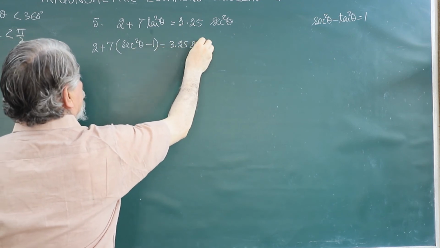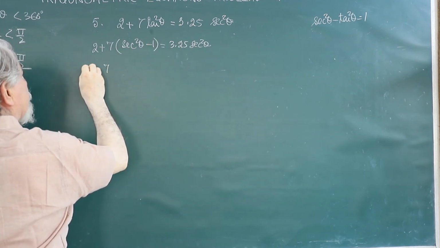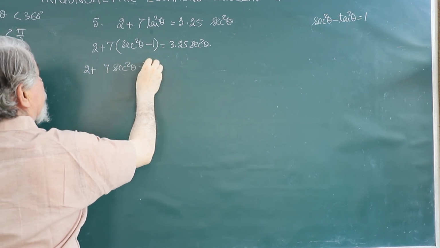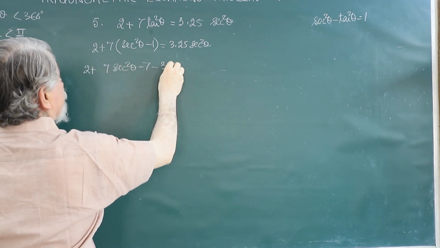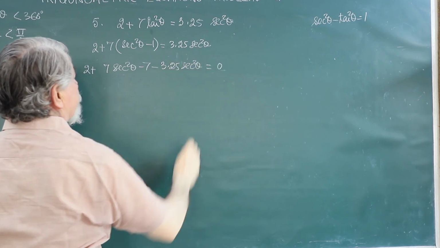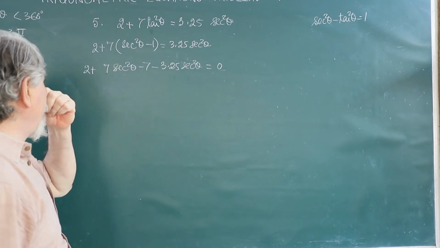3.25 sec square theta. So 2 plus 7 sec square theta minus 7 minus 3.25 sec square theta is equal to 0. It will be 7 sec square theta minus 3.25 sec square theta.